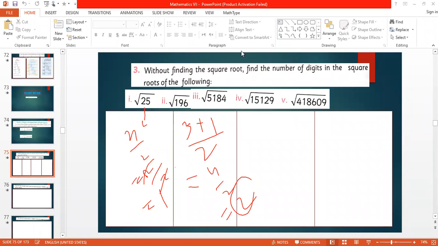No, no, no. In the question, it is stated that without finding the square root. It is so easy. N by 2, so 4 by 2 it comes 2. That will be your answer.